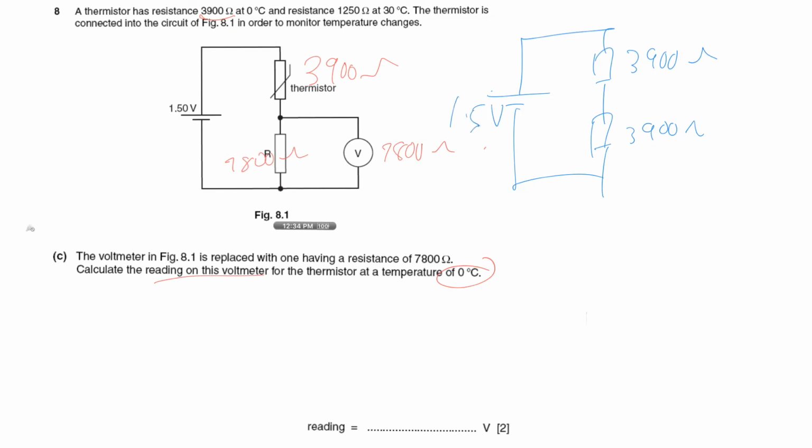You notice that both have the same. So how would the voltage divide? Equally, right? So in other words, this will be 0.75 volts, which also will be the PD across the voltmeter and also the R. So the reading of the voltmeter will be 0.75 volts.